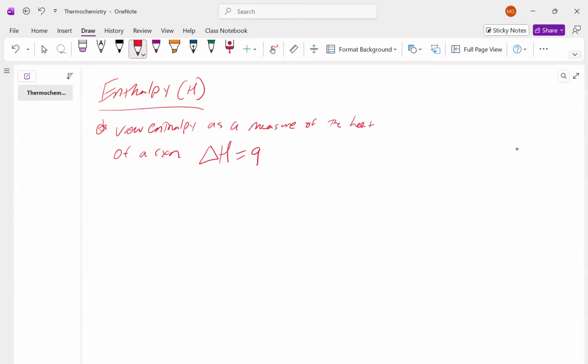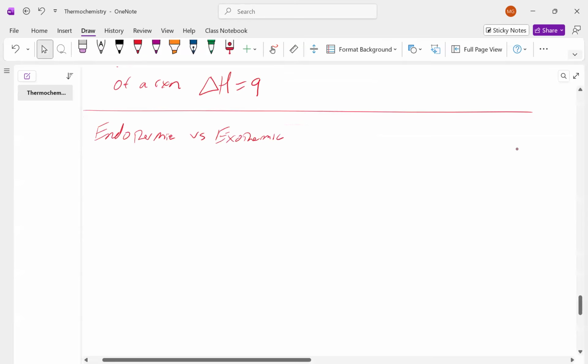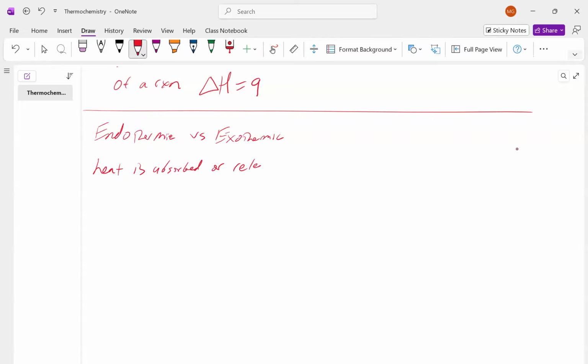We look at this change of enthalpy in two different ways. We'll look at it as either endothermic or exothermic. In most chemical reactions, heat is either absorbed or released, and that's where we get these terms endothermic and exothermic.